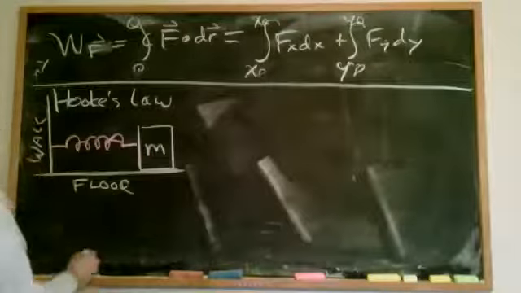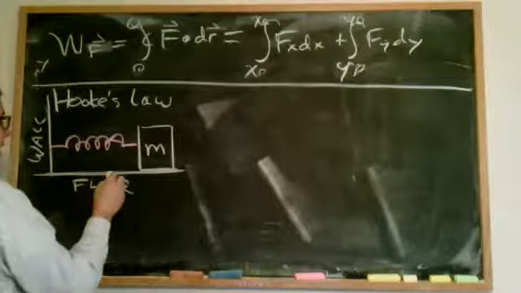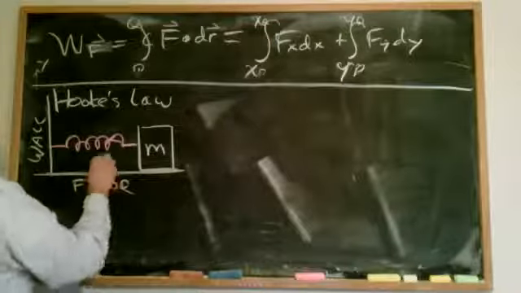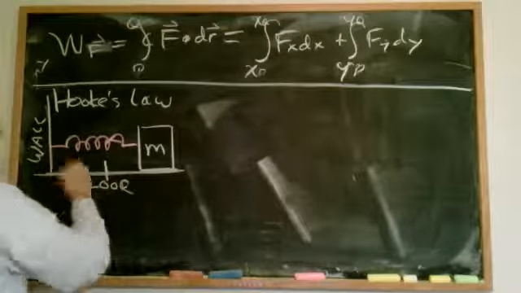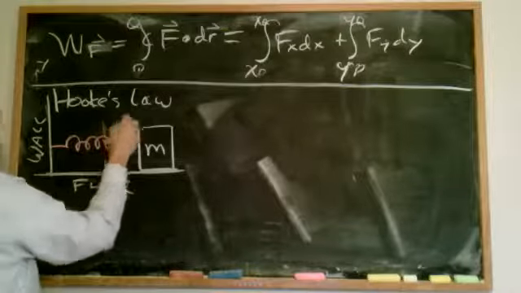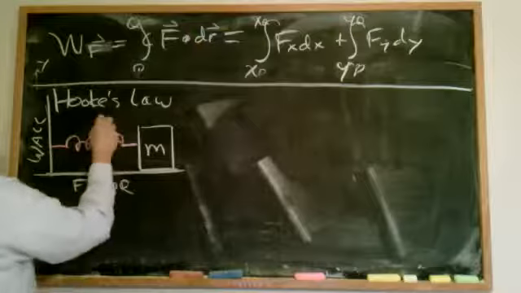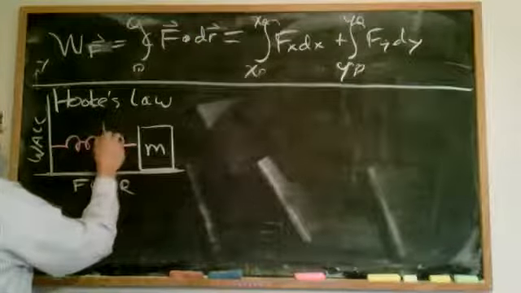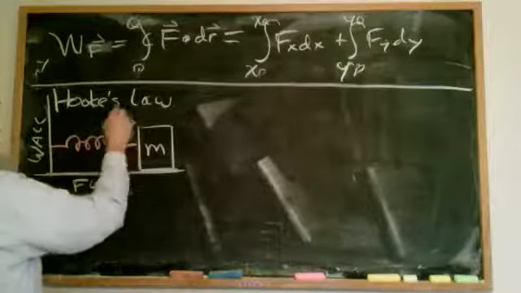And I'm going to displace the spring from its equilibrium length. So if the spring was unstretched, it would basically come to this distance, but I'm going to stretch it by a distance corresponding to the object being stretched by that much.